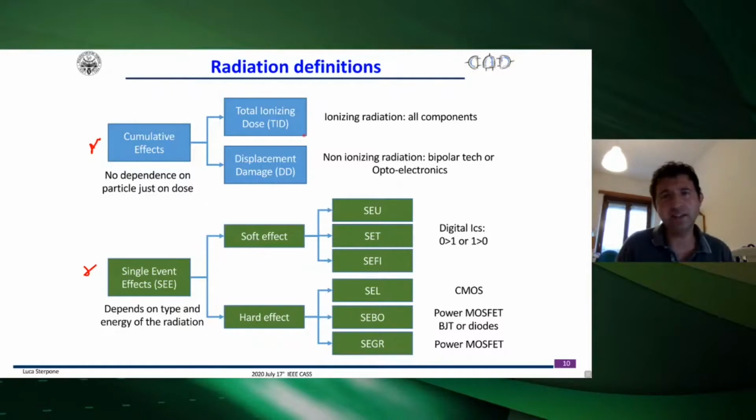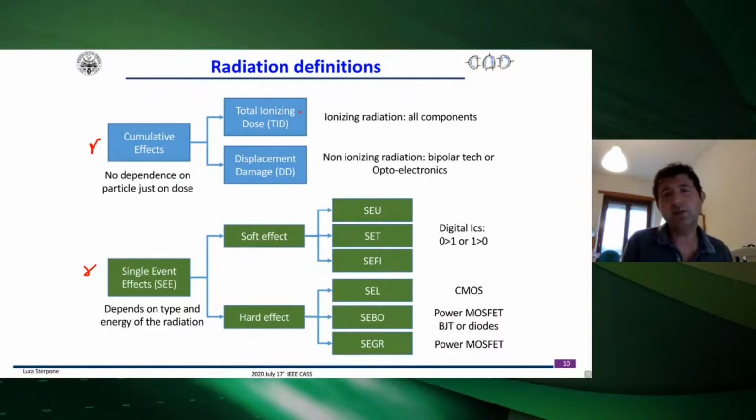You don't have any sudden change of the functionality of your circuits, but your circuit is going to progressively degrade, in both total ionizing dose and displacement damage conditions. This effect is somehow more related to the materials of the technology used. So typically, it does not create critical problems that are suddenly analyzed, but it is necessary to be considered when you are doing, for example, a deep space mission, where you need to consider years in space of the electronics, and so your devices should work for years.